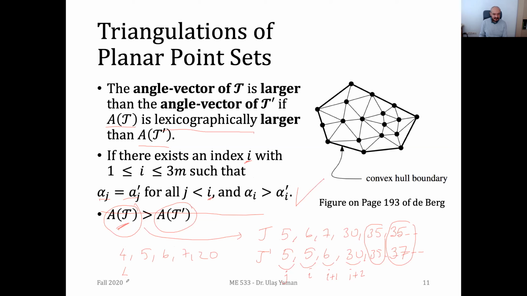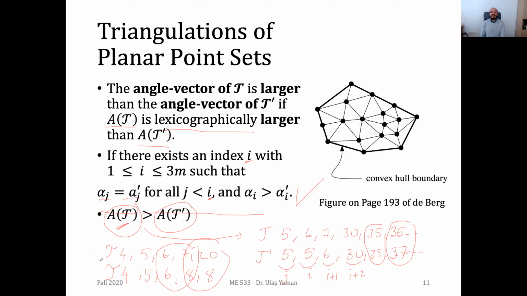Again, let me have another one. For instance, you may have such a case. So if you look at here, which one is lexicographically larger? We cannot again say anything. At this point, the tau prime is larger, but if you look at this part, this time tau is larger.